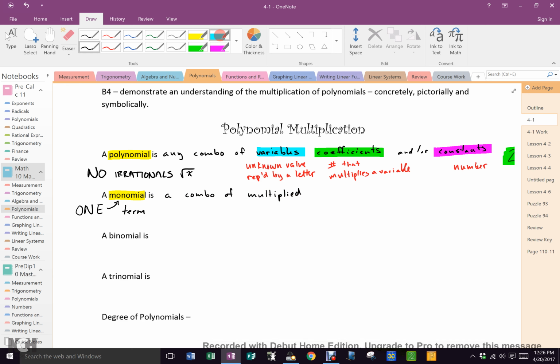I'm going to highlight multiplied because it has to be multiplied. Now, variables and coefficients.